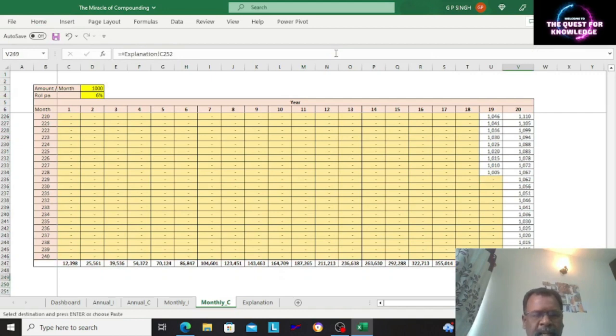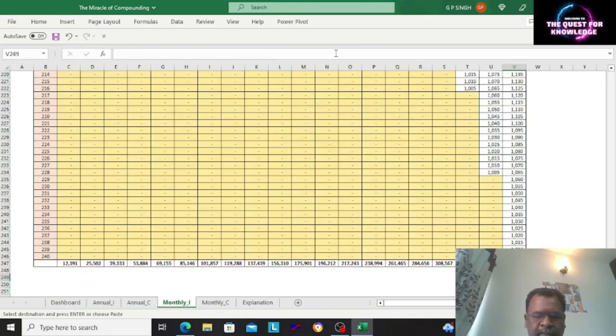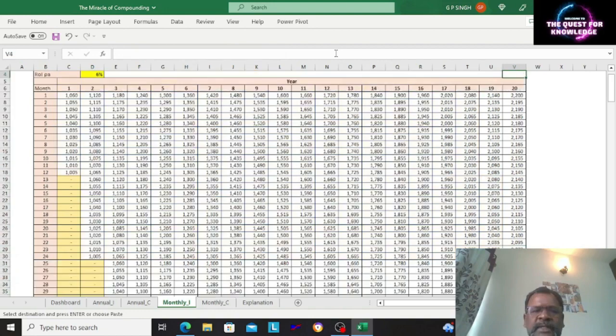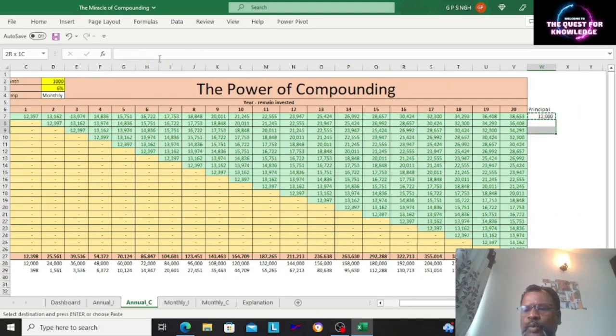And if we apply the simple interest, then our money increases to 384,620. But we'll be more interested in the compound interest calculation, and we'll see how our money grows.